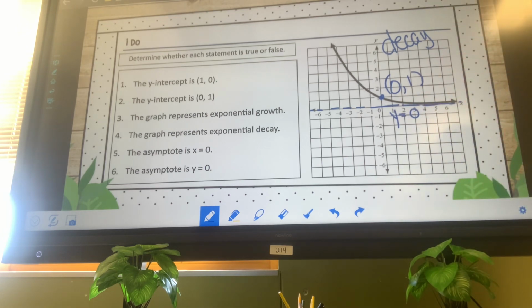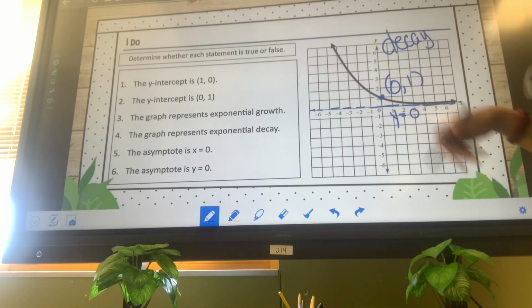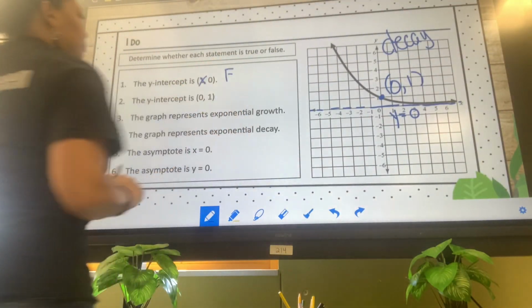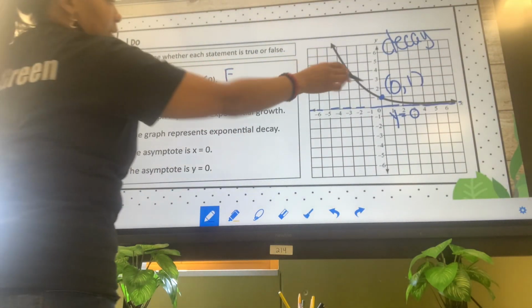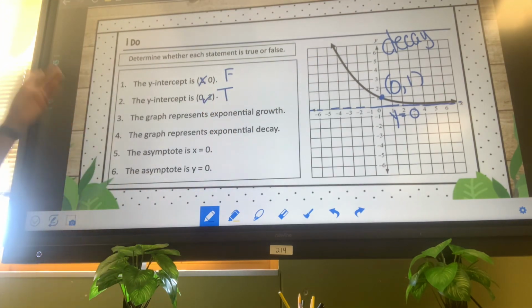Now we're going to come back over here and find the one that matches our information. It says determine whether each statement is true or false. The y-intercept is (1, 0). That's not what I wrote, is it? So that's false. The y-intercept is (0, 1). That's what I wrote, so that's true. The graph represents exponential growth.